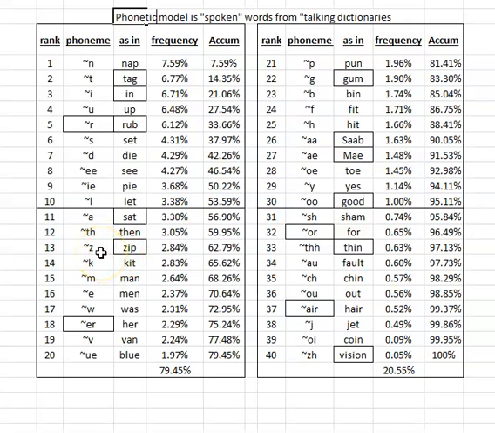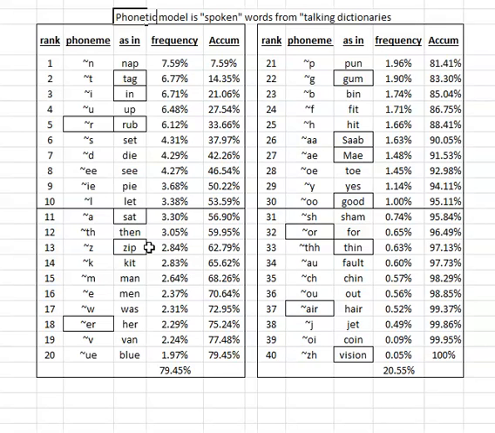The Z sound is more popular than you would think because it is a very low frequency letter in terms of letters in text. But the Z sound takes the place of the letter S many times in text.